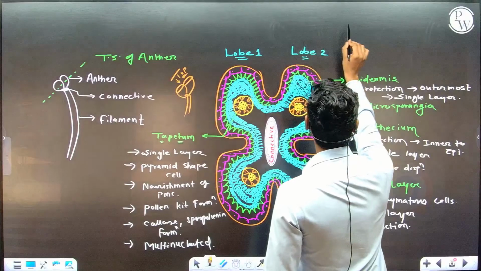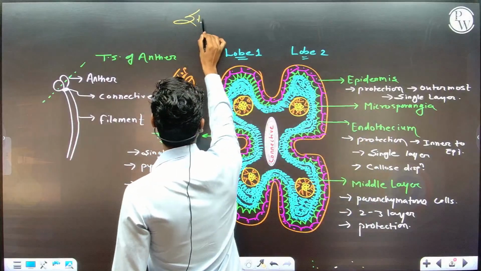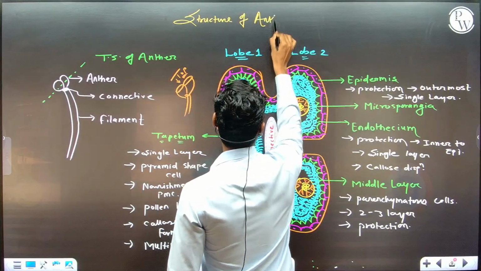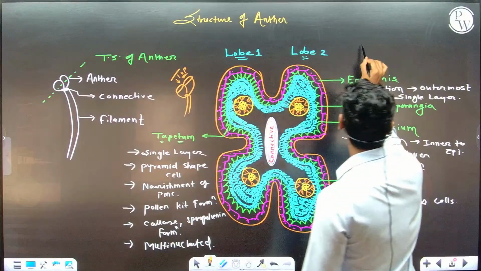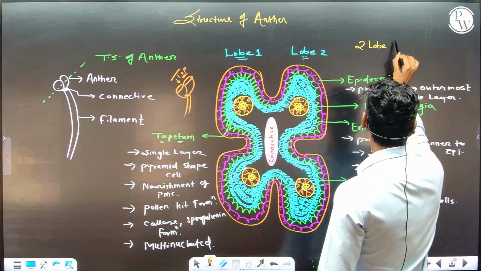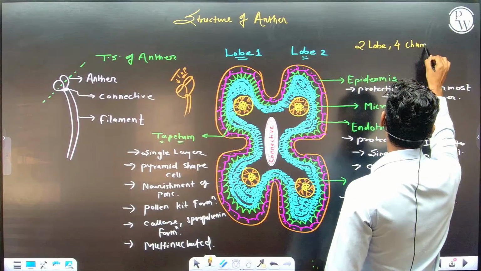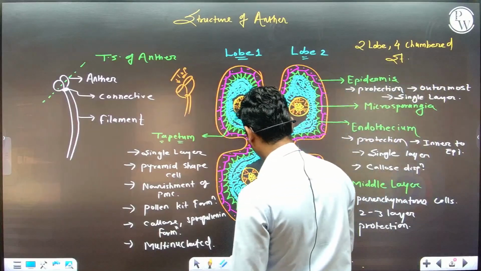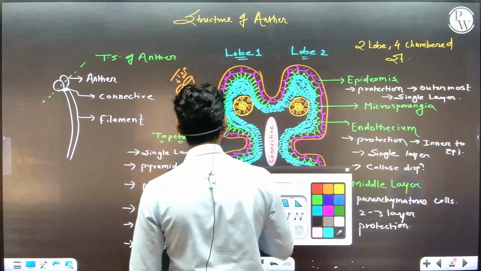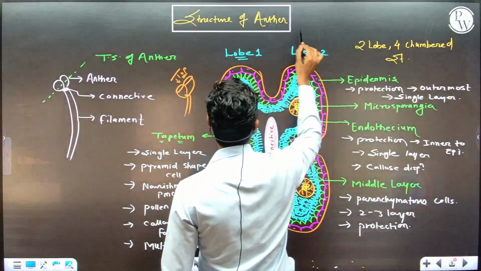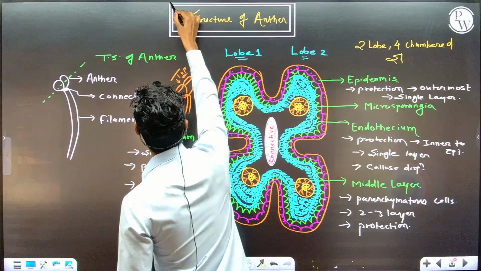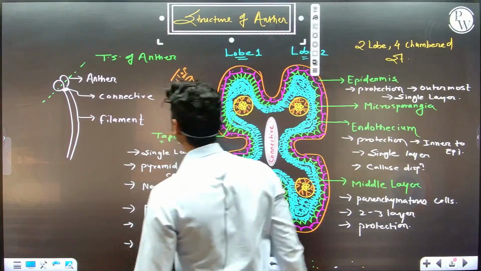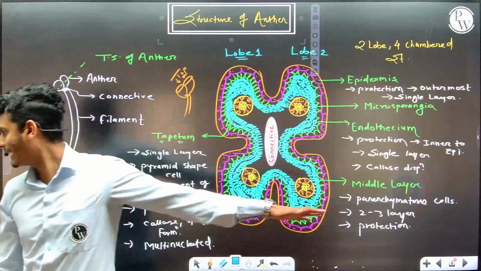Structure of anther has 2 lobes and a 4 chambered structure. This is exactly how we are starting with the diagram of structure of anther.